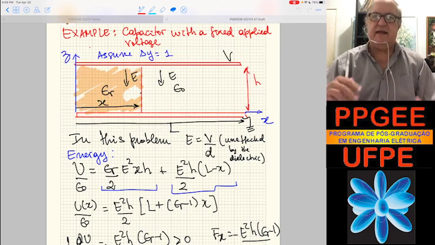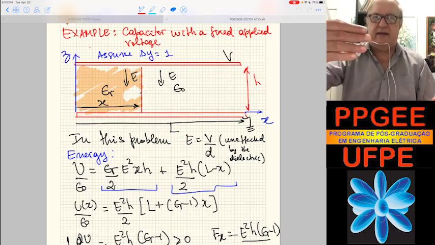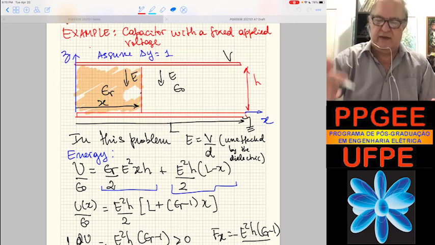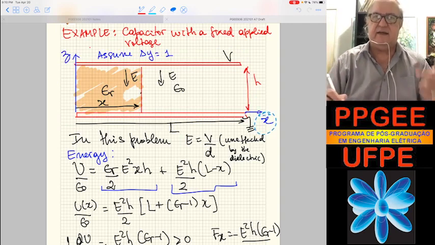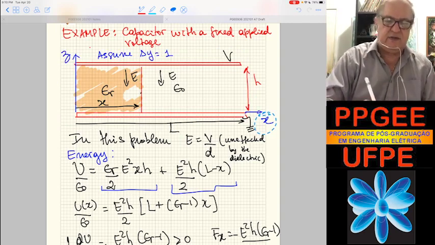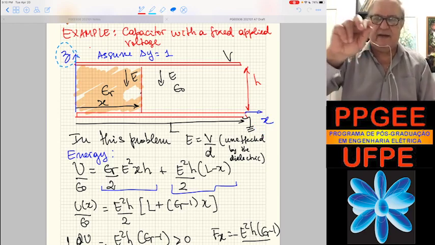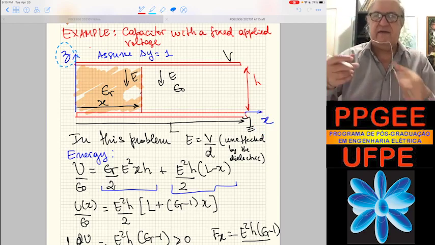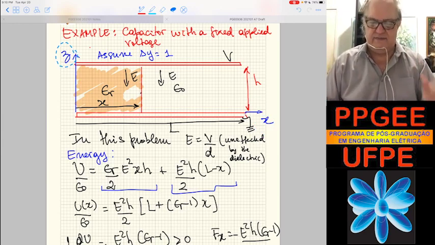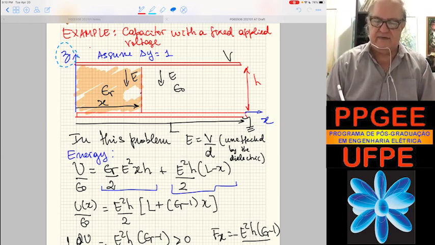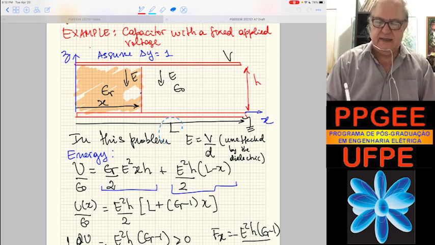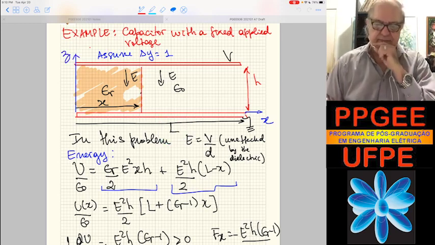The x direction is to the right, z direction to the top, and entering the plane you're seeing there, you have a unit length 1. So the area of this capacitor is L times 1, right?